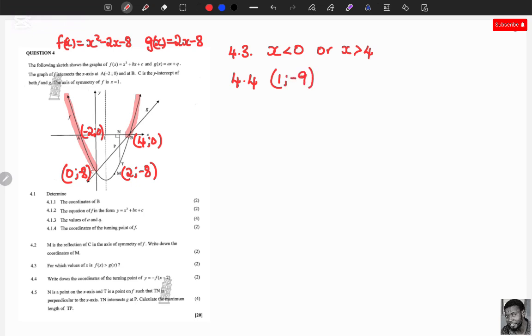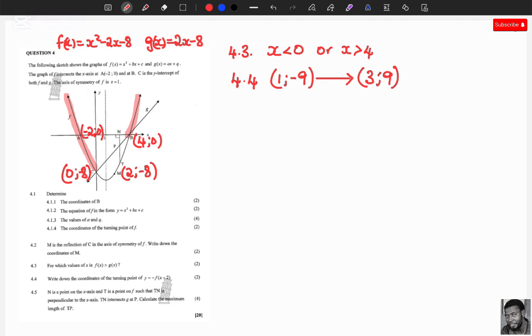The x value will be added by 2, since we shift the graph to the right, so that will be 3 and +9. That will be the new turning point.